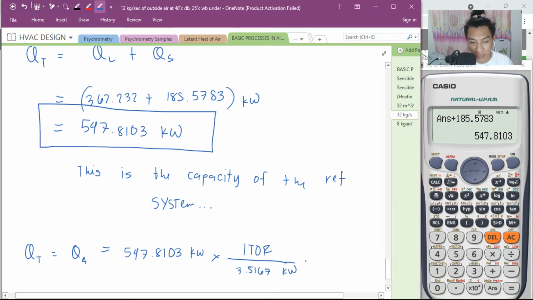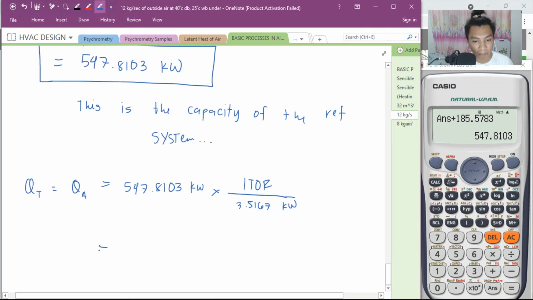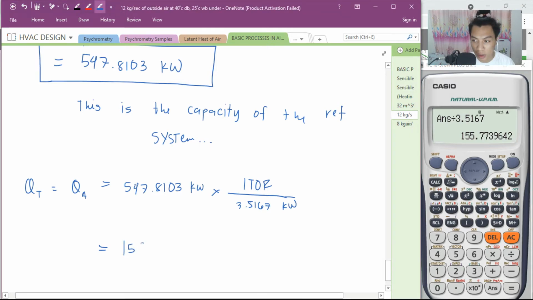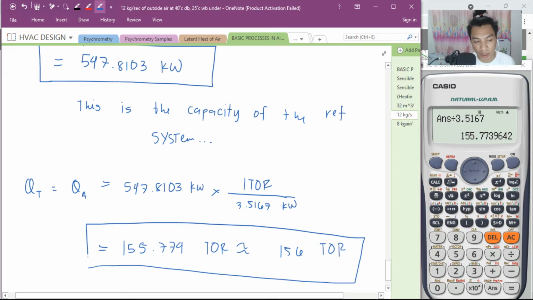Tandaan nyo yan. So, divide natin ng 3.5167. So, that is approximately 156 tons. That is the cooling capacity of the refrigeration system.